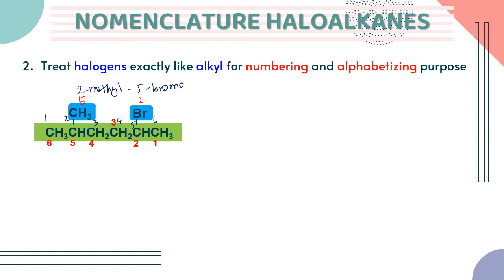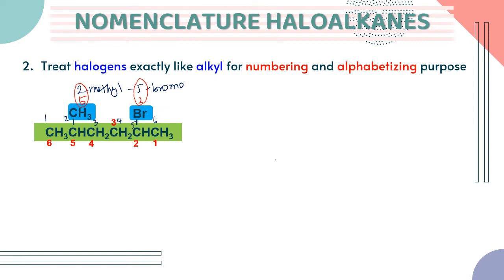Because the combination number is the same, 2 and 5, regardless of whether it is from the left or from the right, we prioritize the alphabetical order. Since B comes first, after that is M, that's why we give the lowest number to bromine.